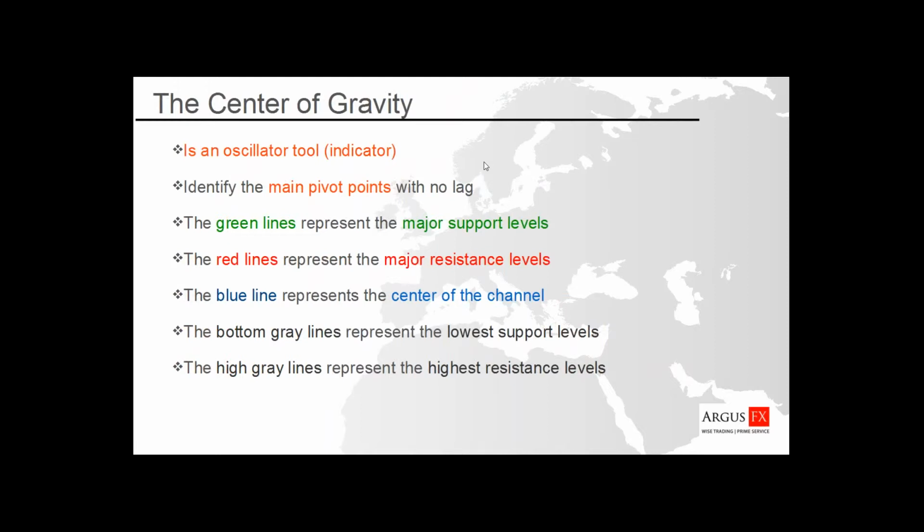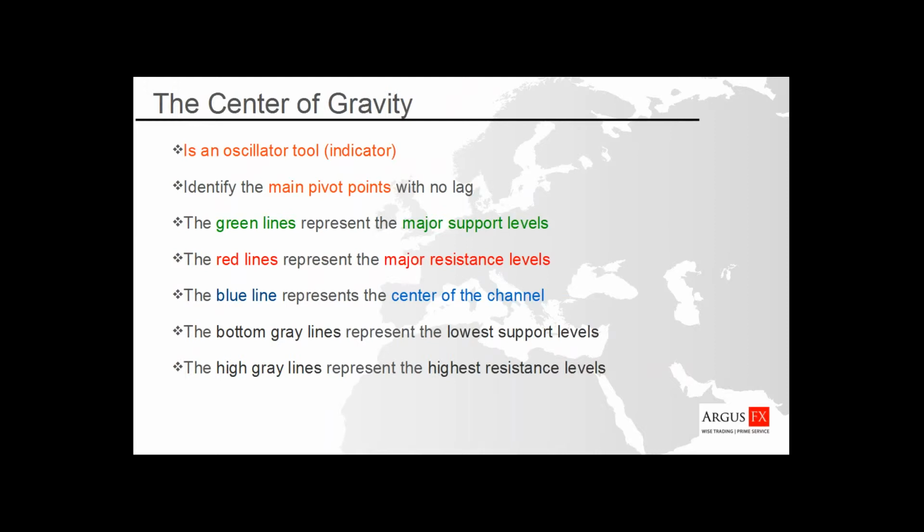Let's now see the theoretical part of this indicator, and on the next slide, you're going to see this indicator on the chart. The center of gravity is an oscillator tool. In other words, it moves with the various price movements. We have some lines which characterize this tool.